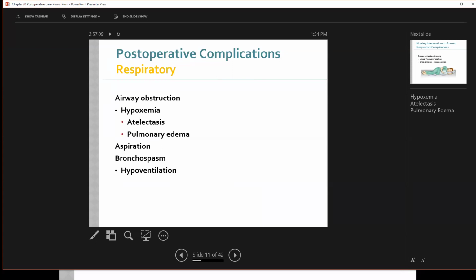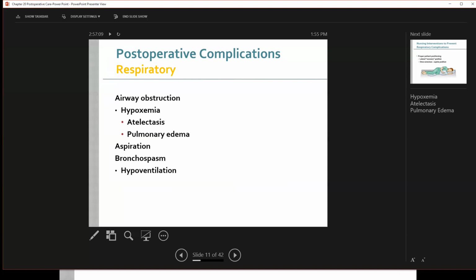Respiratory problems will be discussed next, and you can look at table 20.6 on page 370 for more information. Airway obstruction is commonly caused by the patient's tongue and is most pronounced when supine and extremely sleepy. Proper positioning after anesthesia is important to maintain the airway. Other causes can include laryngeal edema, laryngospasm, or retained thick secretions.